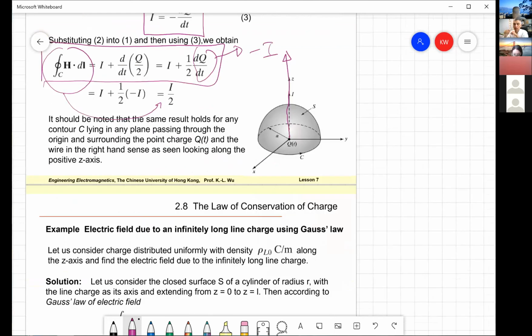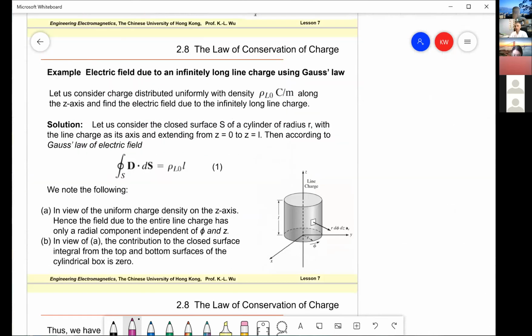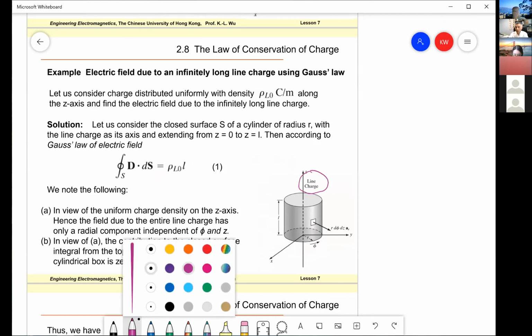Okay, so for the next example, let's look at an infinitely long line charge.